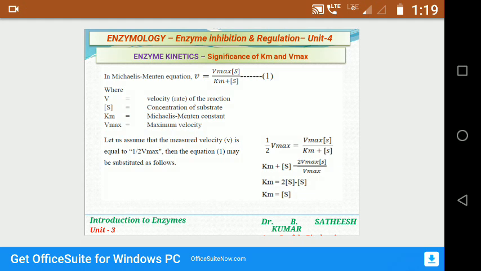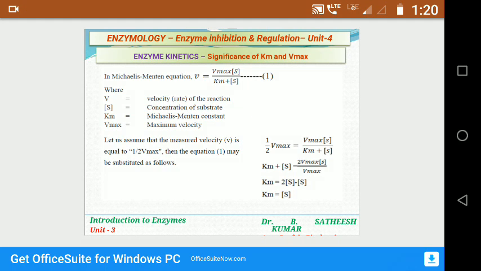So we can measure the Vmax easily by plotting the velocity of the enzymatic reaction against substrate concentration. We can easily calculate what Vmax is. So we have Vmax to calculate the velocity of the reaction, but we don't know the value of Km for a particular enzyme.